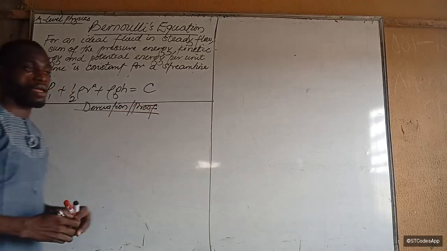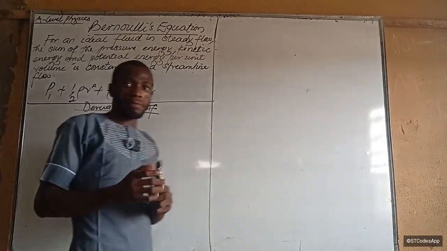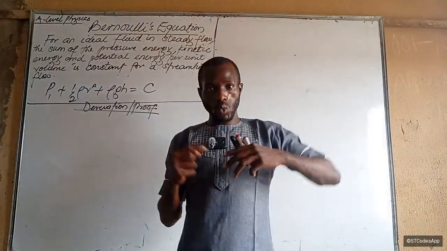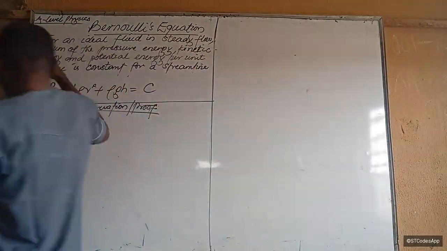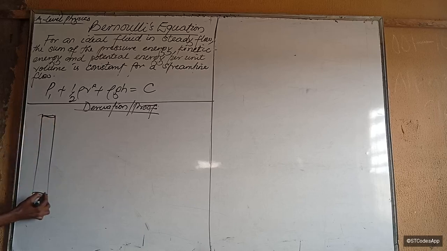Alright, so now let's consider a fluid that is flowing from point 1 to point 2 in a tube. So this is going to be our tube, and a fluid is flowing within it from point 1 to point 2.